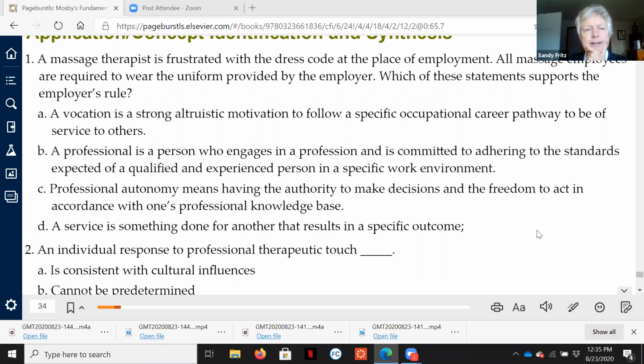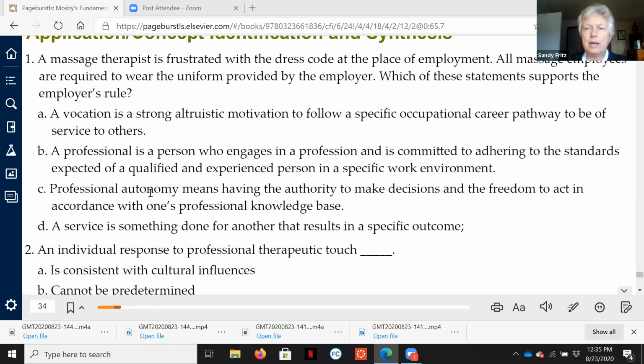So we're trying to find a statement that supports this idea that this employer can tell this person they have to wear this uniform. So when you are an employee, you give up some of your autonomy.